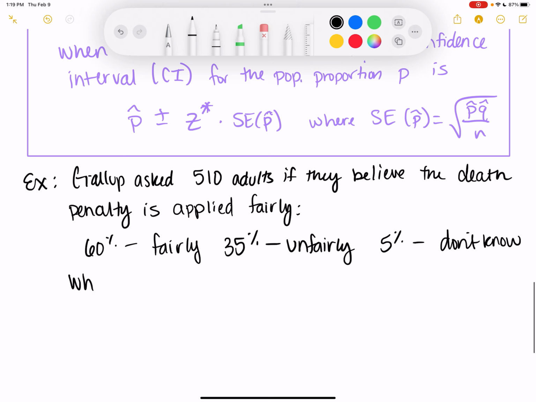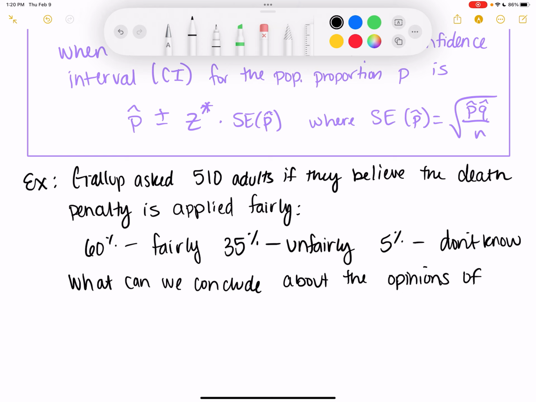So then what can we conclude about the opinions of all adults?